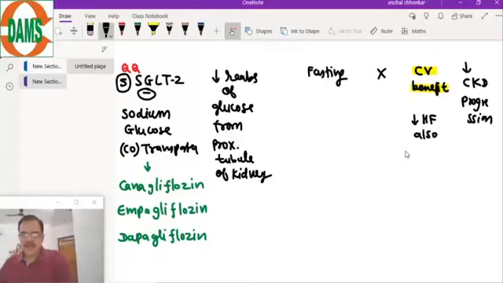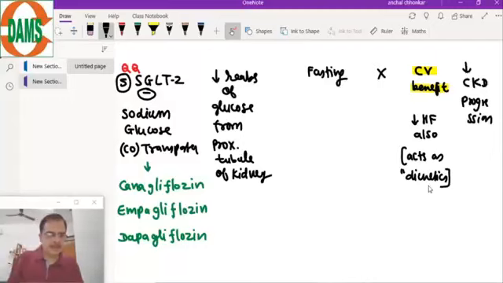So they act as diuretics because they are causing glucose excretion along with sodium excretion.